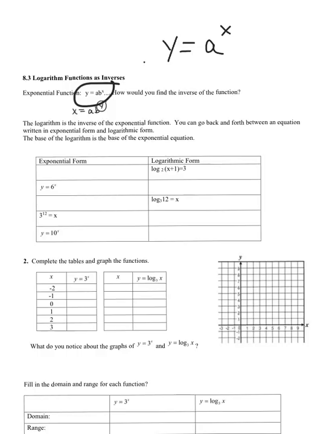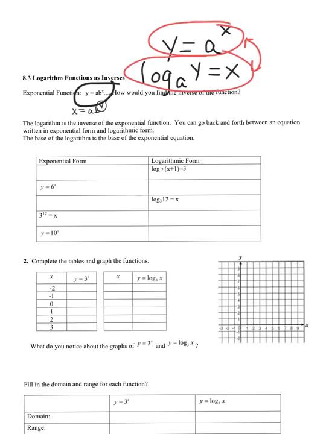We write it as log, of base a. So base a is a subscript, a lower level, of y equals x. These two are equivalent statements.